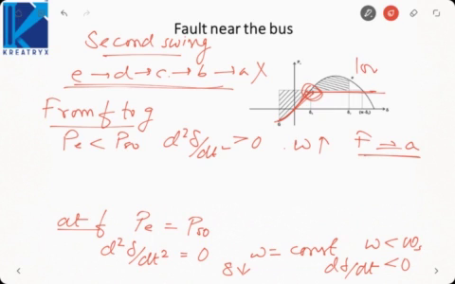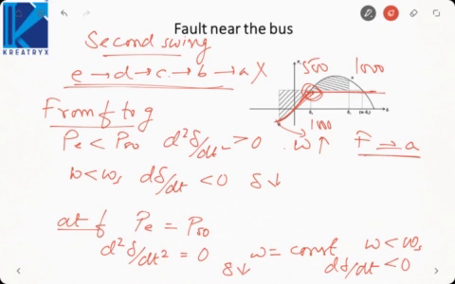Let us say it is 1000 rpm, here it becomes 500. So it will increase, but until it reaches 1000 rpm, speed will be less than omega s. D delta by dt is lesser than 0, delta will go on reducing. So G is a point where the speed will again become equal to 1000 rpm.